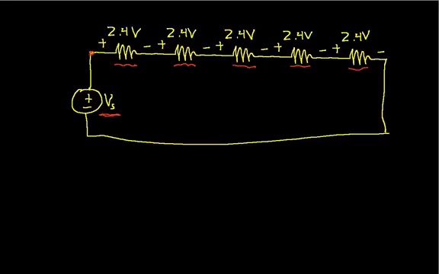Again, I can apply Kirchhoff's voltage law. I'll start up in this corner, go this direction, around the loop. In this circuit it's pretty easy to tell what the loop should be because there's only one loop.